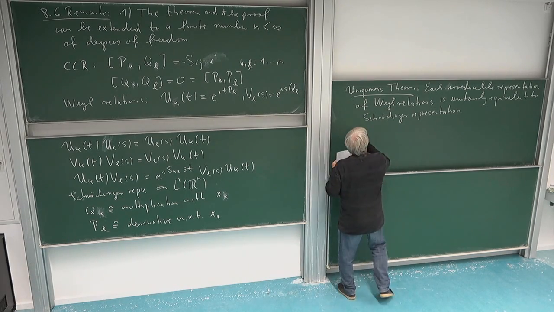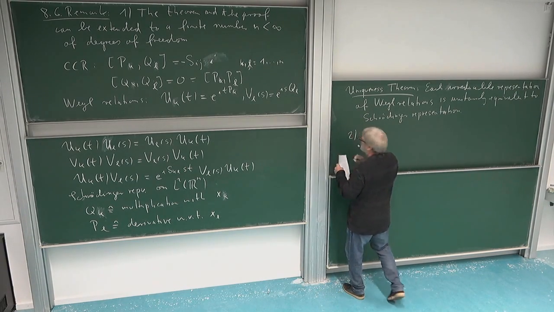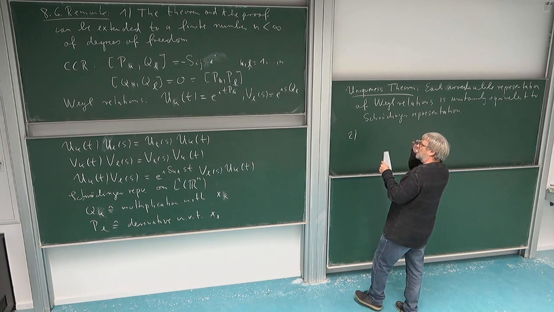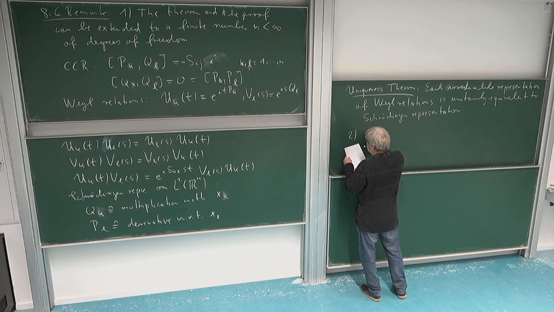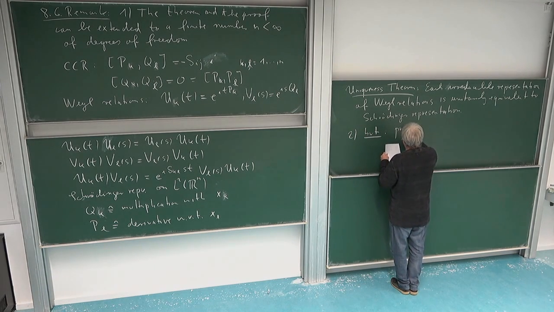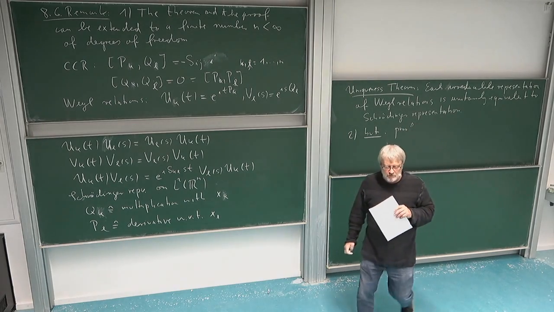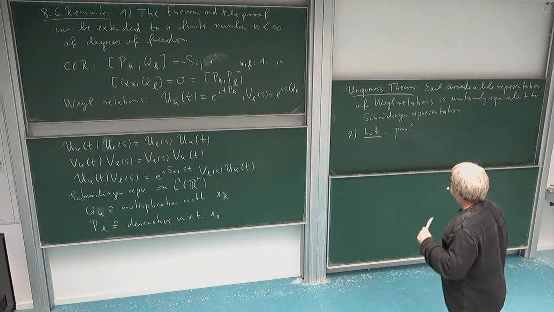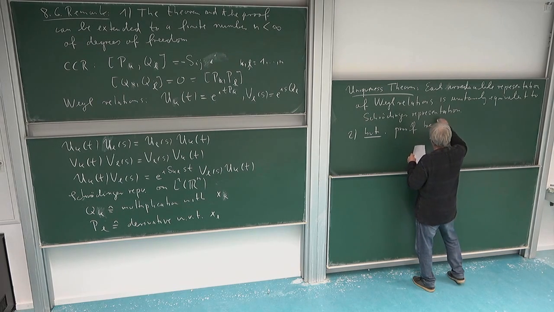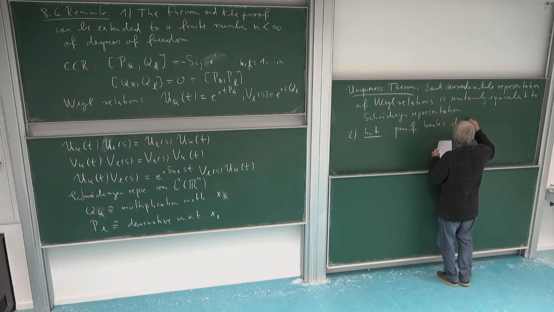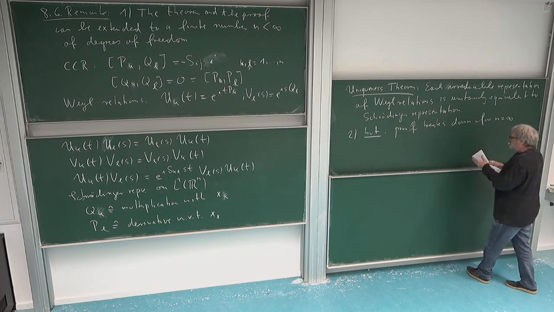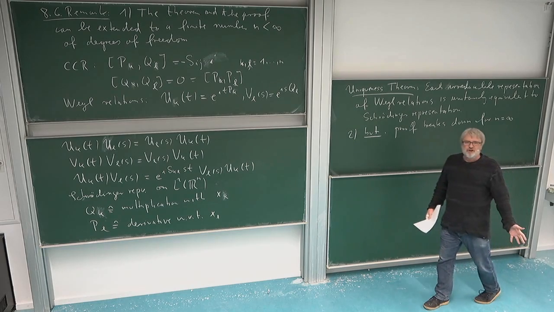So the second part of this remark is now going over to an infinite number of degrees of freedom. And then one first sees that the proof breaks down in this situation. And the reason is, in particular, that I don't have a Gaussian measure on R to infinity.